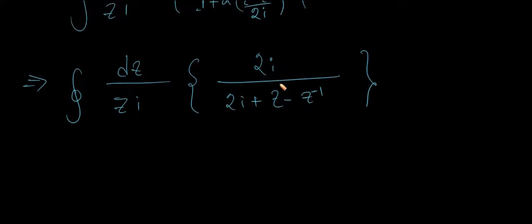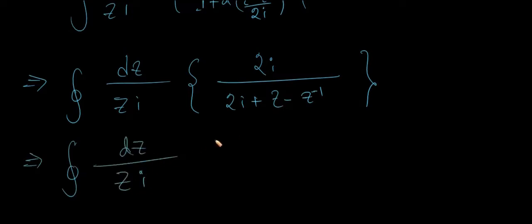Now I have a z inverse over here, so I'm going to write it as 1 upon z, and then I'm just going to do the algebra so that this whole thing only contains positive powers of z. At this point I'm doing nothing but simplifying this whole mess. There is nothing new around here.